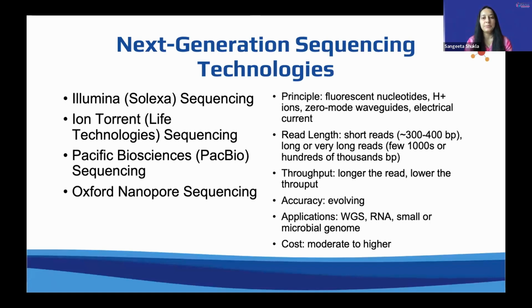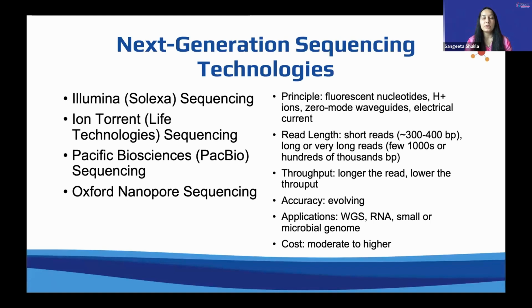Based on the kind of instrument you use and the read length that it produces, the accuracy of the overall sequence also may vary across these different technologies. But overall, all of this data is meant to be used for downstream analysis.